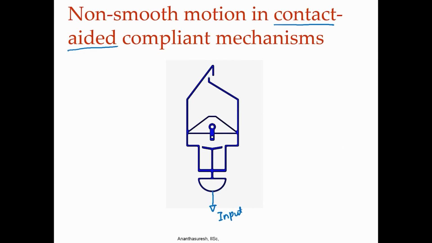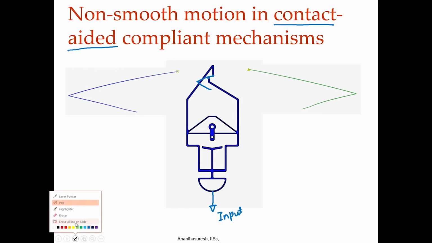What will happen to outputs here is something strange. This one, of course magnified, this point actually goes like this, suddenly changes its mind, comes back like this. Similarly, this point would start there, change, come back, do this. We will see a simulation and a real device here.